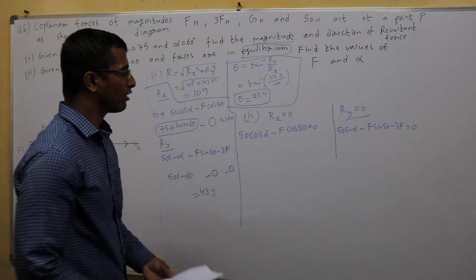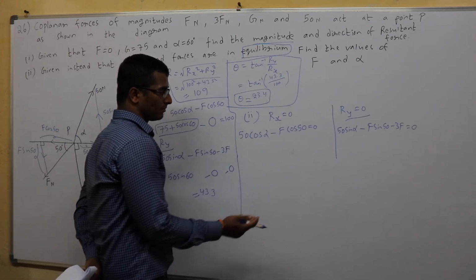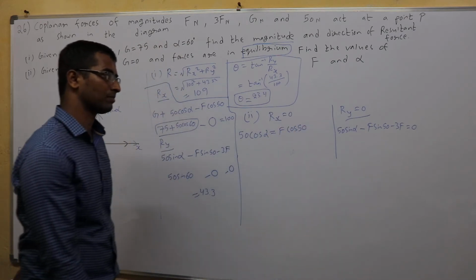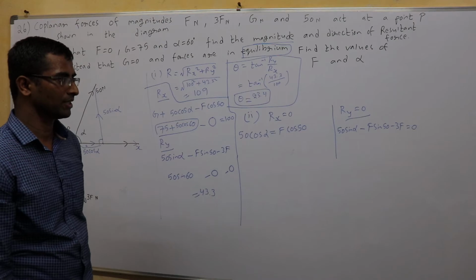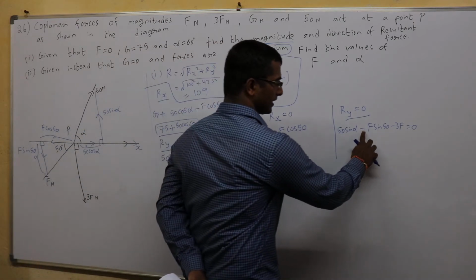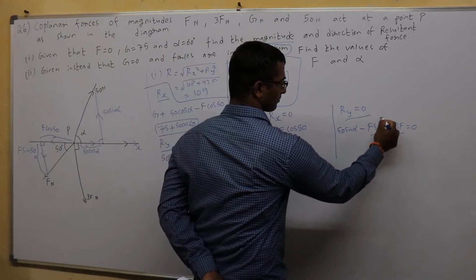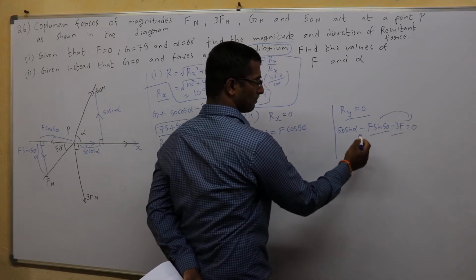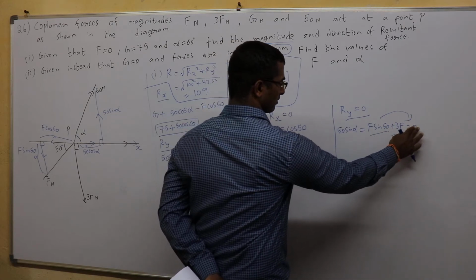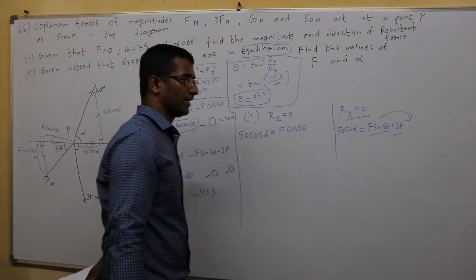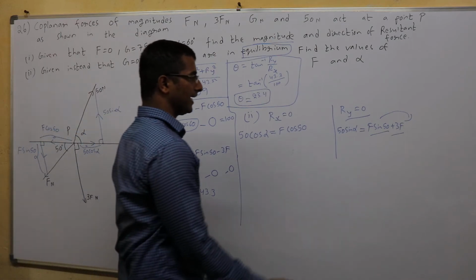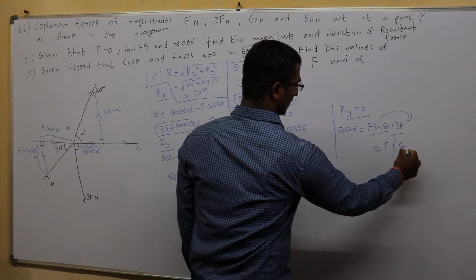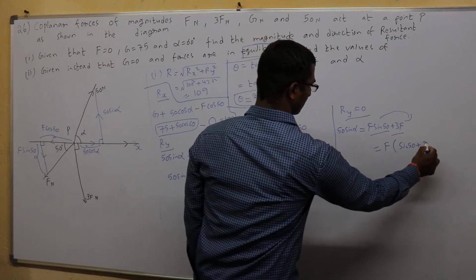Let's shift F cos 50 to the other side. Then what does it become? Equal to, I get 50 cos alpha equals F cos 50. Correct? Same thing here. If I shift these two to the other side, minus F sin 50 will become plus, minus 3F will also become plus. Clear? Now, I can take F common here. So what will I get? F times sin 50 plus 3.